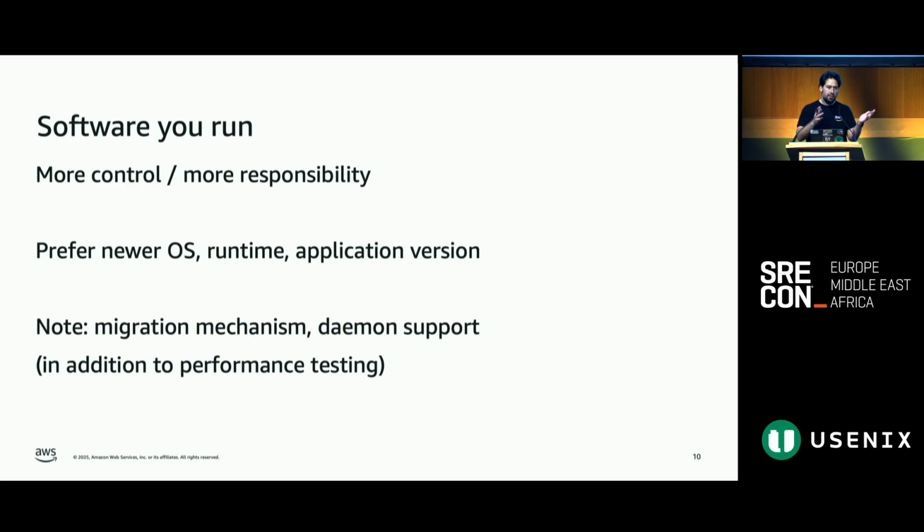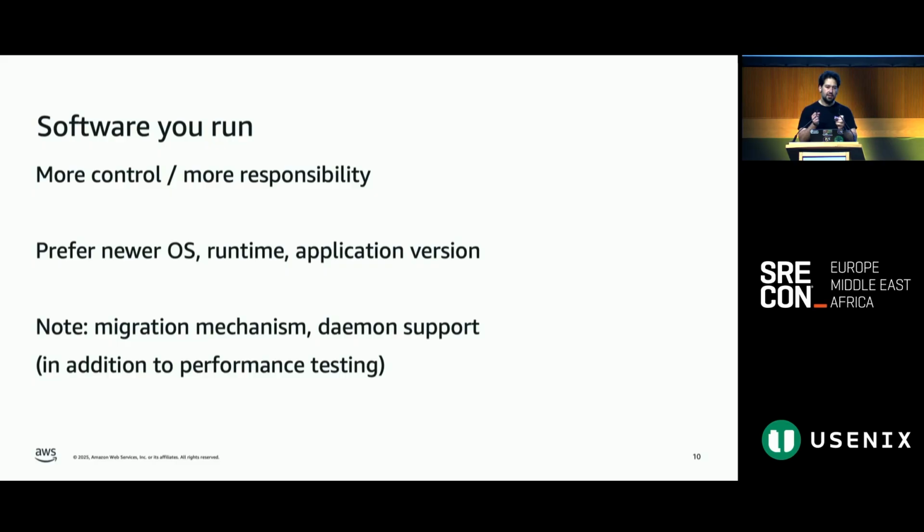And also things that you are running from third parties. So it can be like Elastic Enterprise, Databricks, Aerospike, ClickHouse, Couchbase. So all these softwares can also move to ARM64. They all support ARM64.